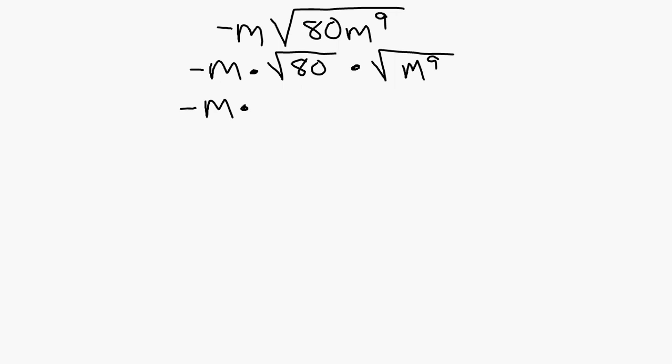Neither of those are perfect squares. Largest perfect square that goes into 80. 16, and how many times does it go? Square root of 16 times square root of 5. Largest perfect square that's in m to the 9th.